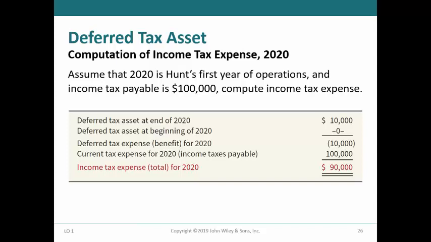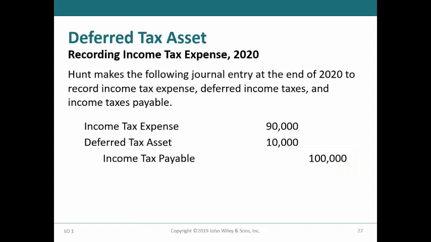Since we did not have a deferred tax asset at the beginning of 2020, the difference to the deferred tax asset at the end of 2020 is the entire $10,000. To record income tax expense for 2020, we would debit income tax expense for $90,000 and debit deferred tax asset for $10,000 and credit income tax payable for $100,000.